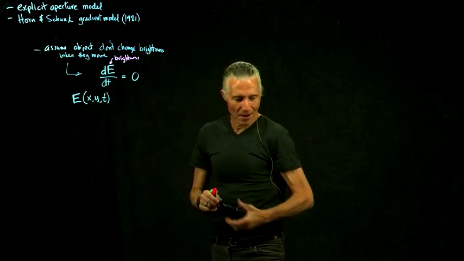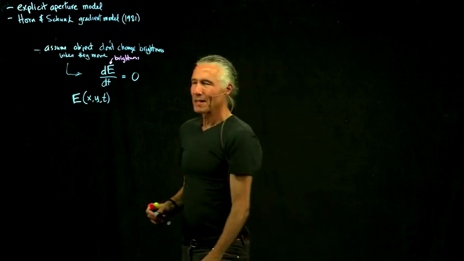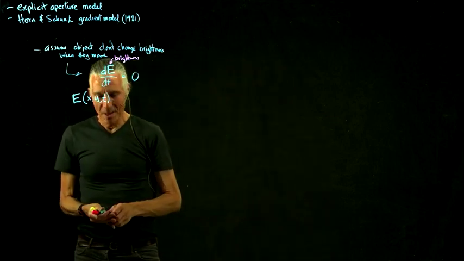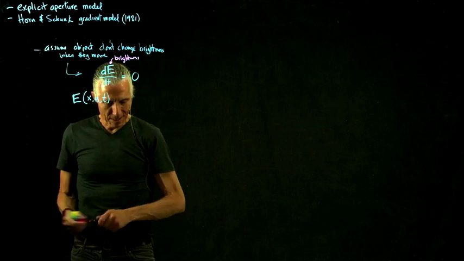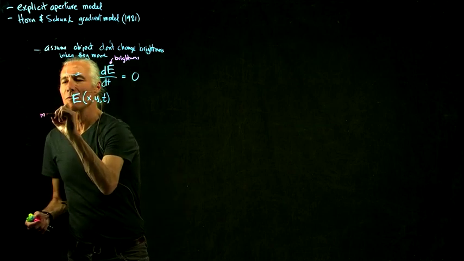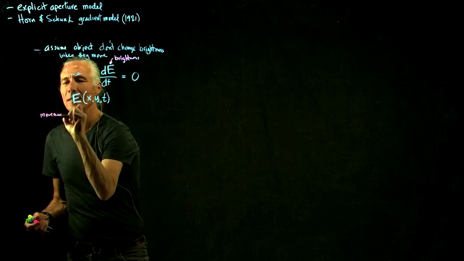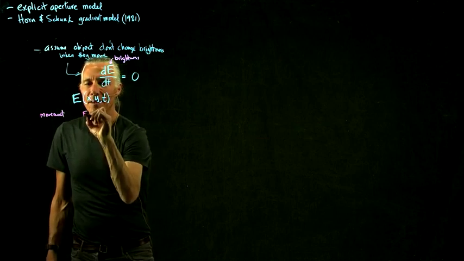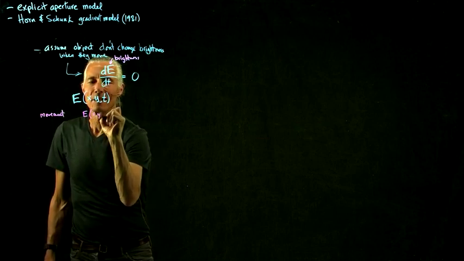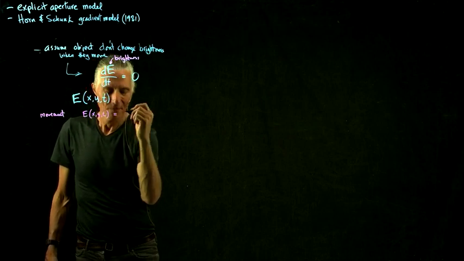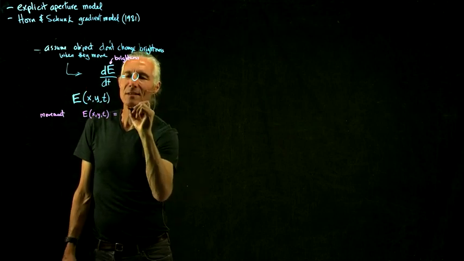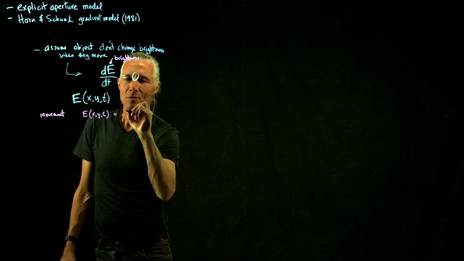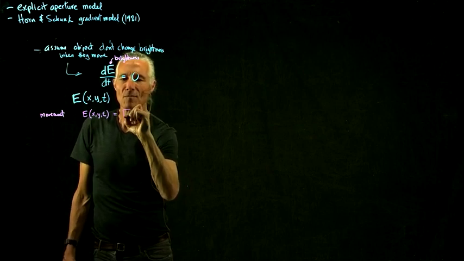So how do we expand this? We'll put it off to the side. First we have a movement, and we have to say our brightness doesn't change if we do a small movement.